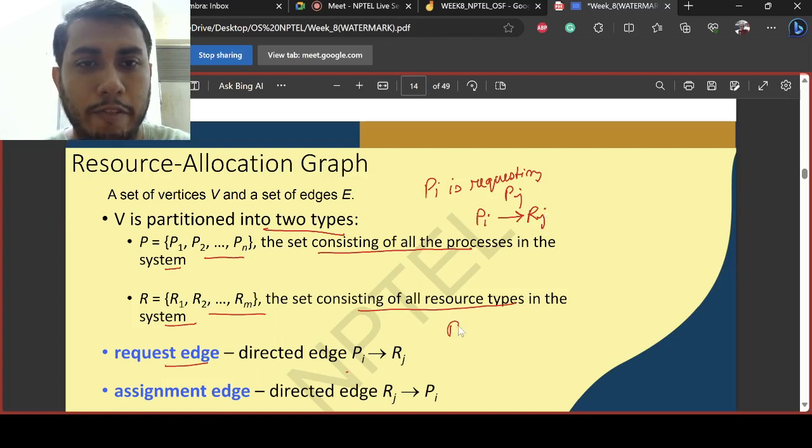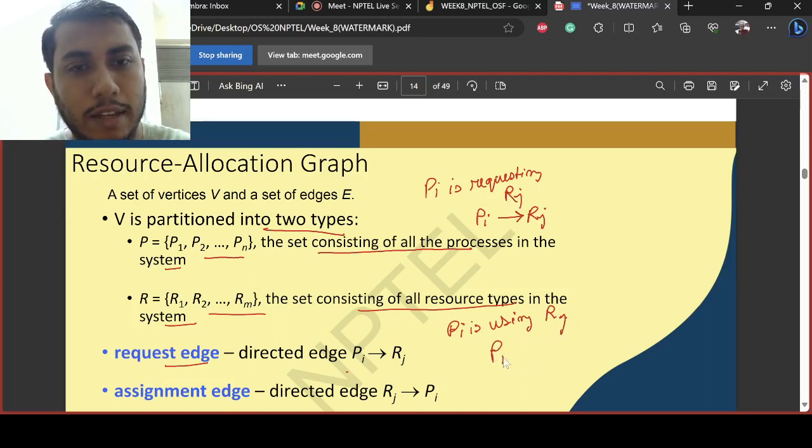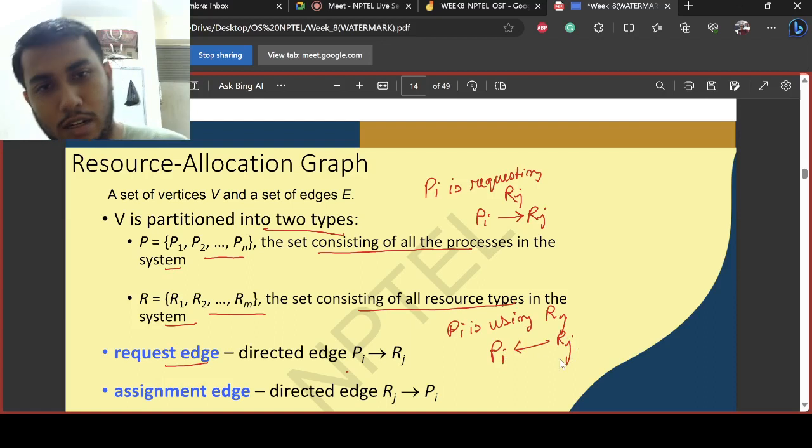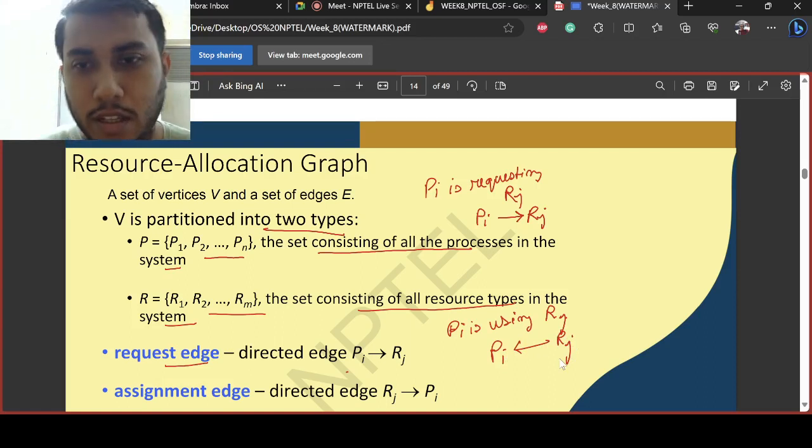But if Rj has been assigned to Pi and it is using it, then you have the direction the opposite way, from Rj to Pi. That is the structure of your edges.